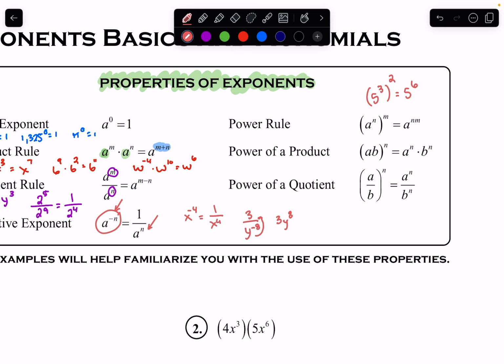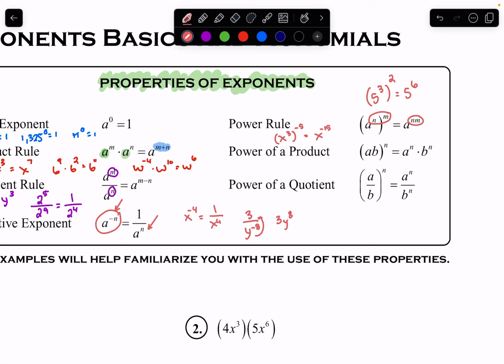That becomes 5 to the 6th power. And it tells you that in this formula right here, n times m. You multiply those together, okay? So if I have x to the 3rd raised to the negative 5, I just multiply those exponents together and I get x to the negative 15, okay?